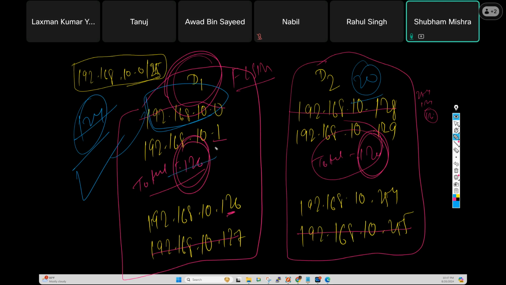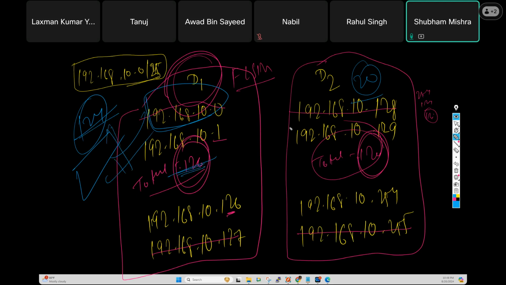In real scenarios, generally we take 5 or 10 IP addresses as a backup, because if any new users or new PCs come, we have 5-10 IP addresses in reserve. So in department number one, the number of users is 124 and the total IP addresses we got is 126. This is fine.